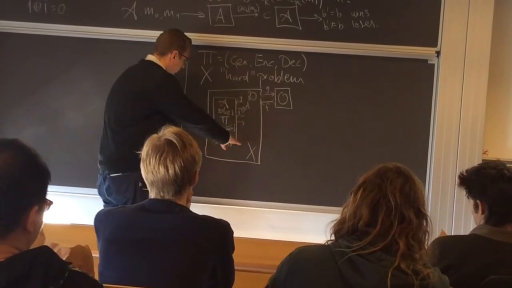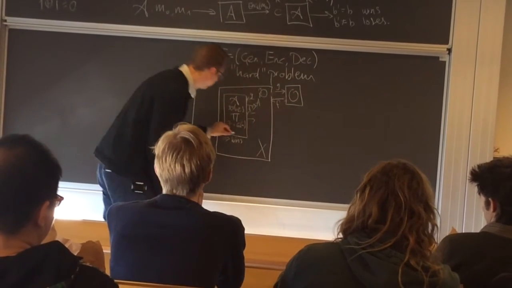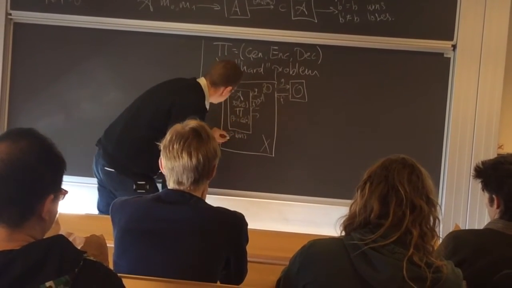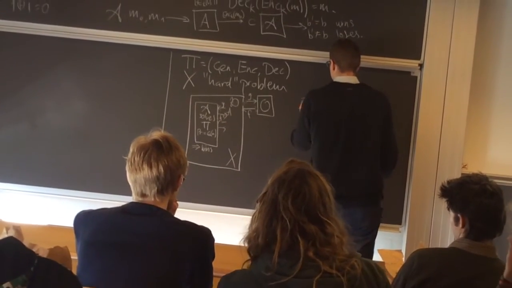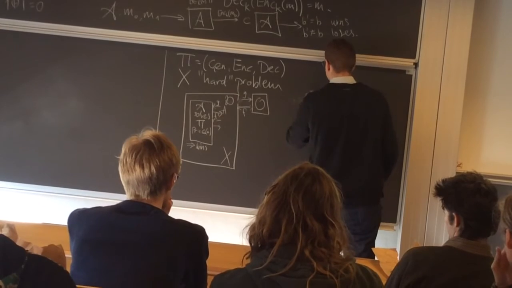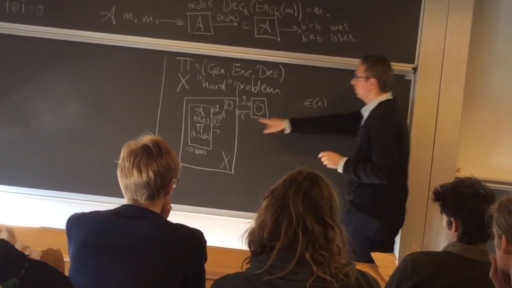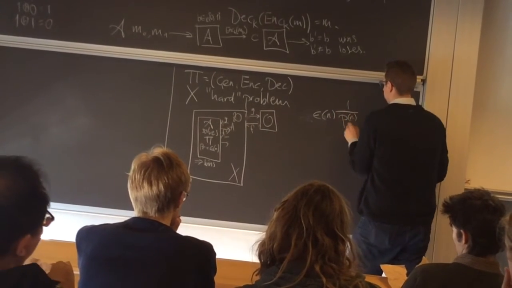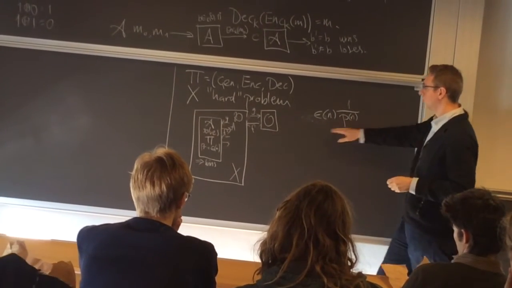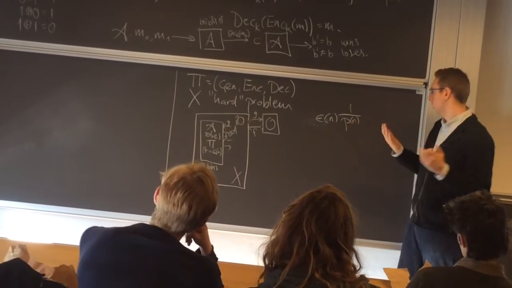And then D has some already determined probability of winning. So this is the probability that A succeeds, multiplied by some negligible function that says that D is going to solve this, because this is the standard thing.